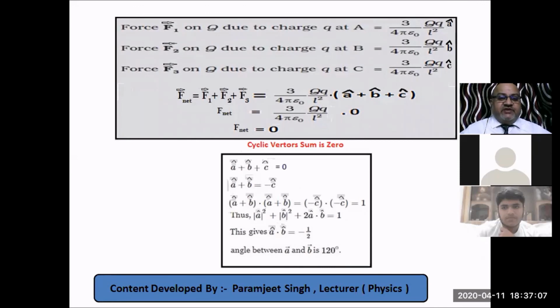So this was a very good question, having many concepts, geometrical, vector concept, and Coulomb's law. This is how we will deal with Coulomb's law when we have multiple charges.